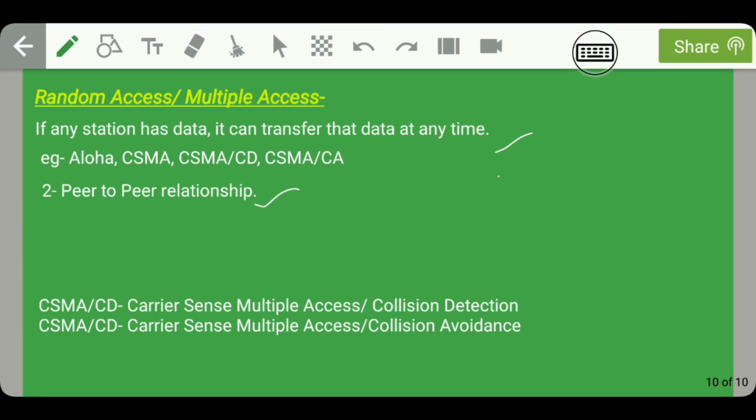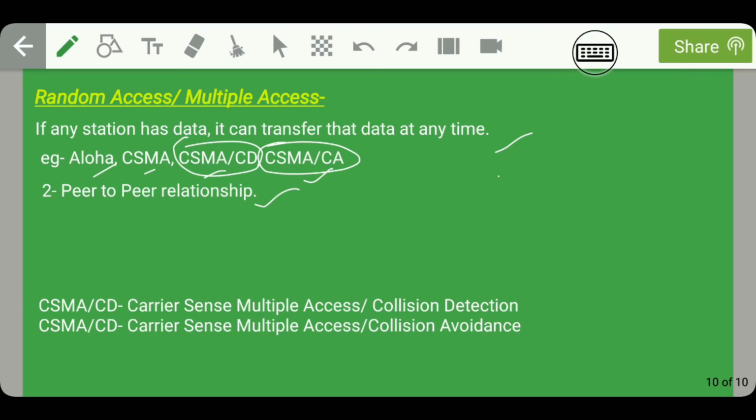Guys, examples of random access or multiple access protocols are Aloha, CSMA, CSMA/CD and CSMA/CA. This CSMA/CD is the MAC protocol used in wired Ethernet to avoid data collisions when two systems are trying to act as a master, whereas this CSMA/CA MAC protocol is used in wireless Ethernet to avoid data collisions.